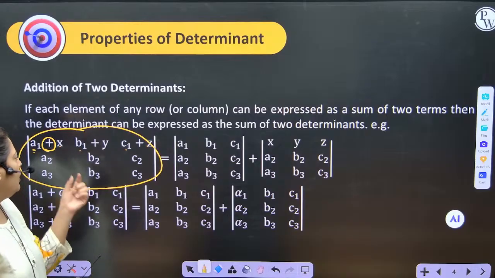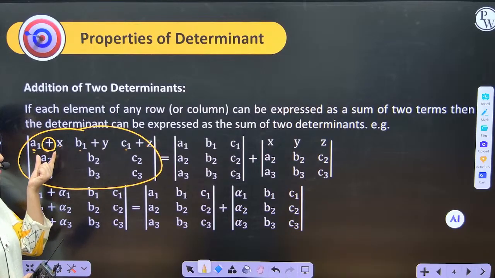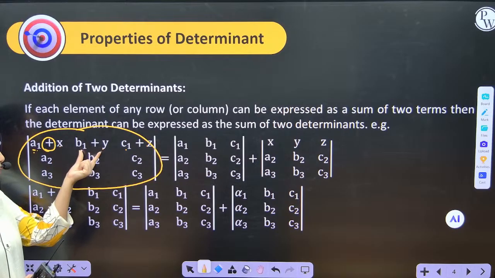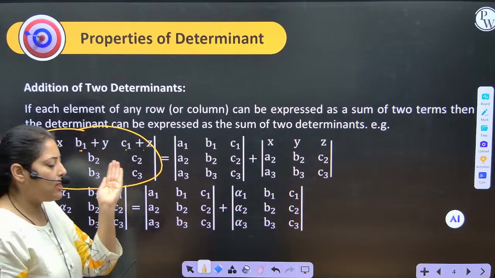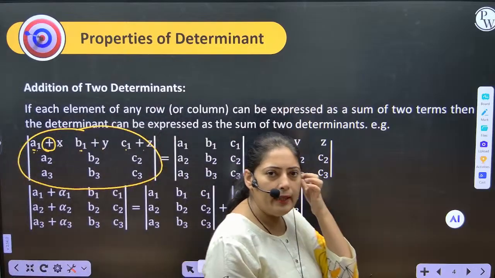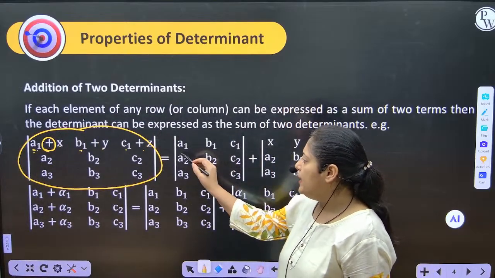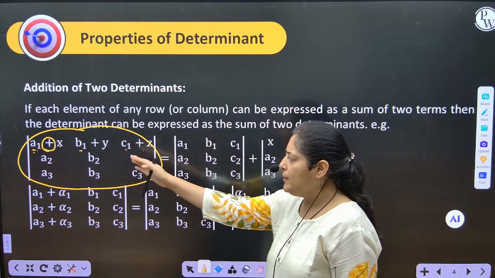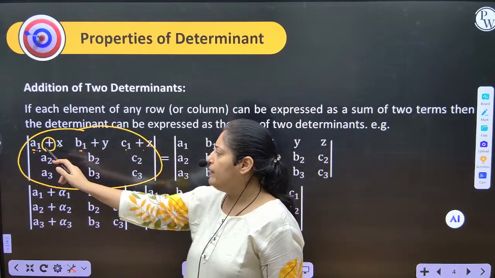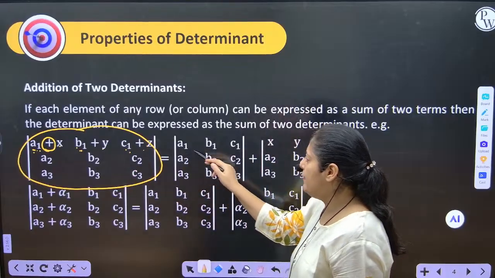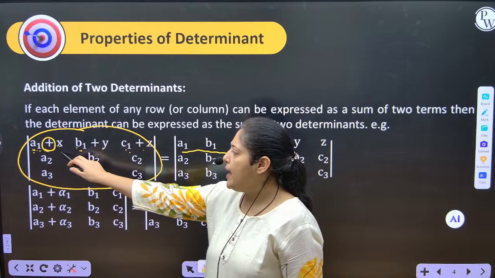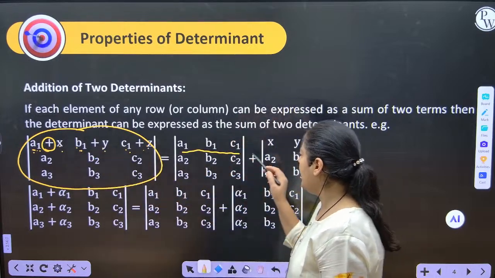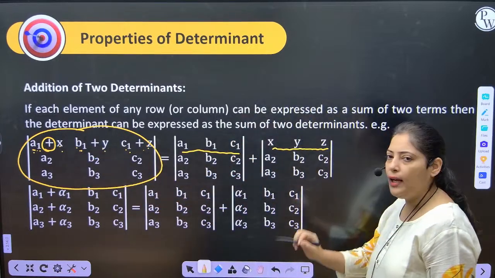Repeating, if a determinant is like this, where two elements are getting added, two elements are getting added, two elements are getting added, we can express this in terms of the first elements a1 b1 c1 written as one row, and the second elements x y z written in another determinant.